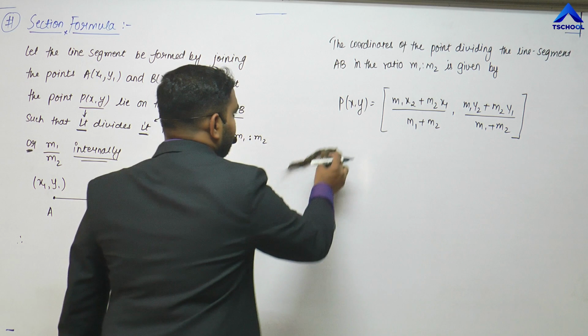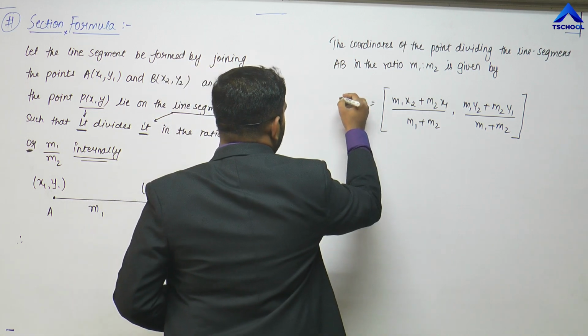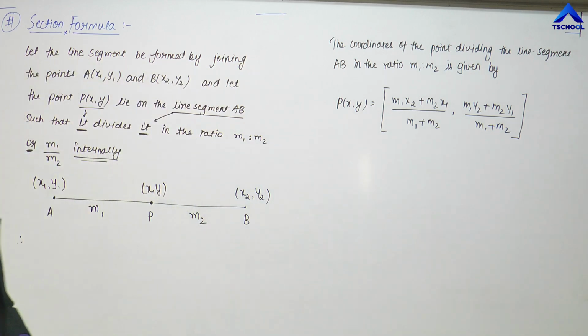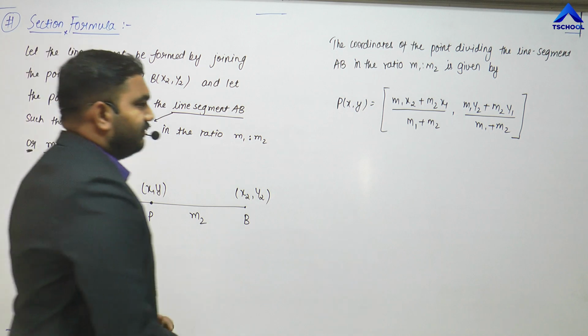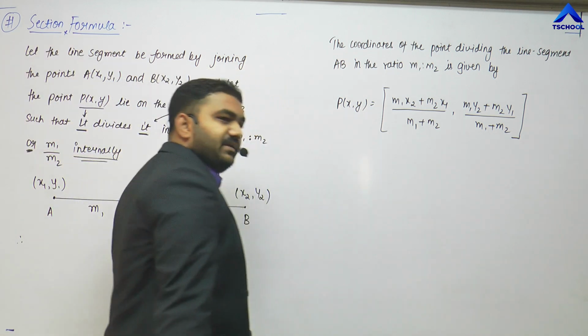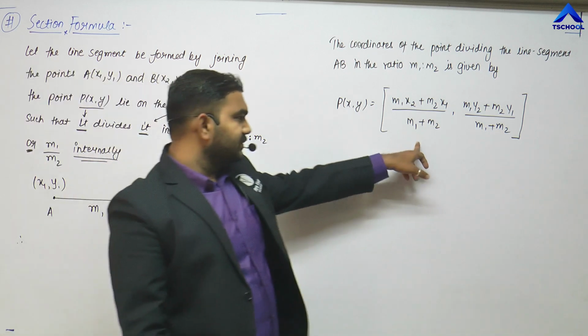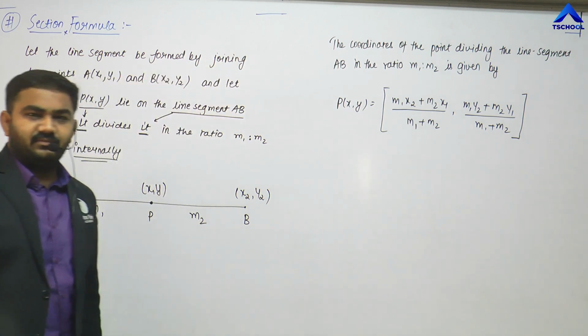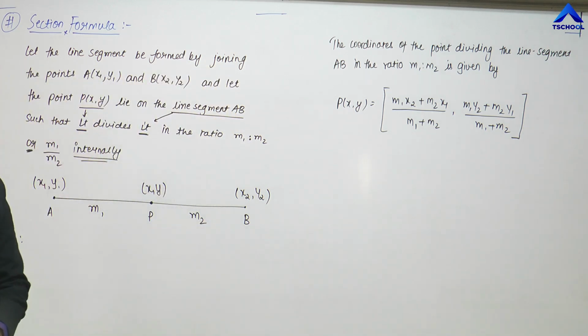So if you relate this point P(x, y) directly to (m1 x2 plus m2 x1) upon (m1 plus m2) and (m1 y2 plus m2 y1) upon (m1 plus m2), the x coordinate of the point dividing the line segment will be this, (m1 x2 plus m2 x1) upon (m1 plus m2), and similarly the y coordinate will be the second part.